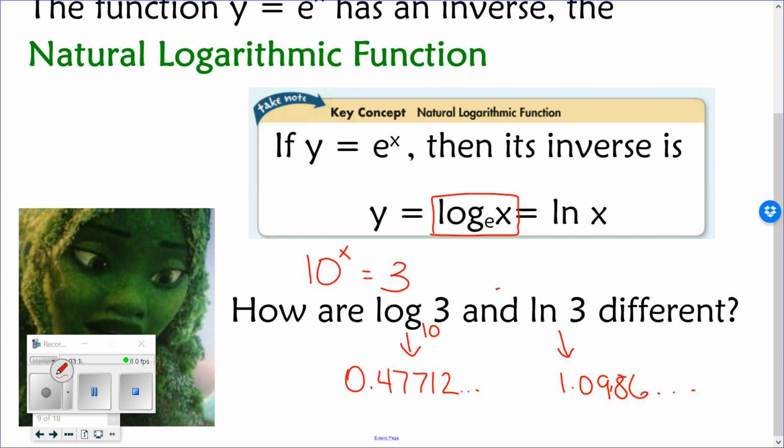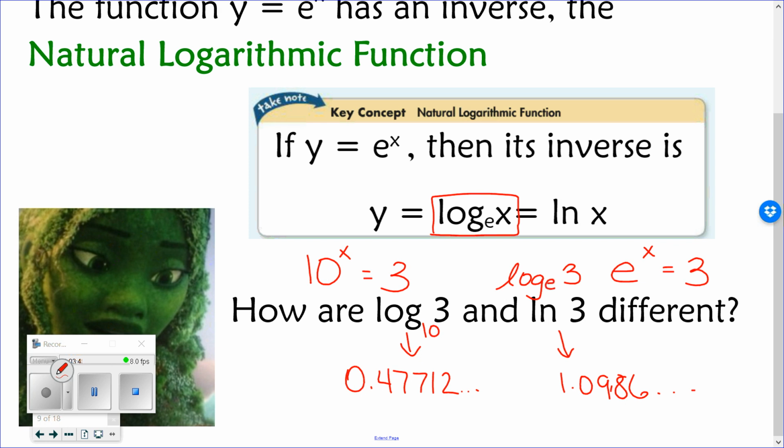This is really saying log base e of 3. So that's asking you, e to what power equals 3? I want to make sure you're aware of the difference. You can't use them interchangeably, okay? So if you see the ln, the natural log, that means it's a log with a base of e. So it's asking e to what power is going to give you that number.